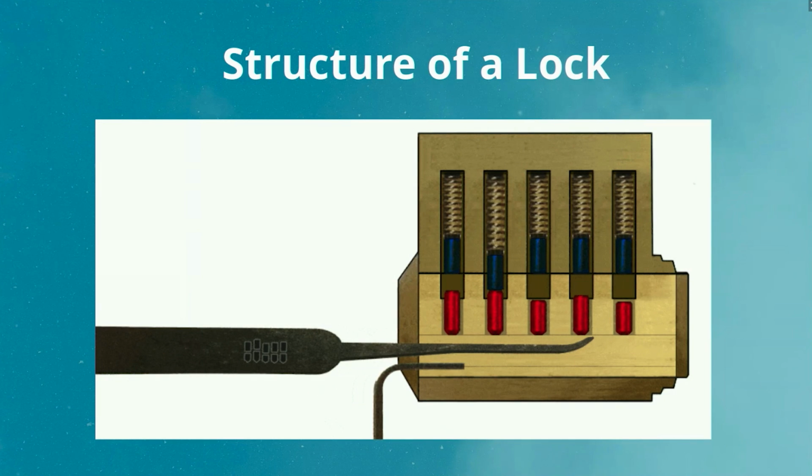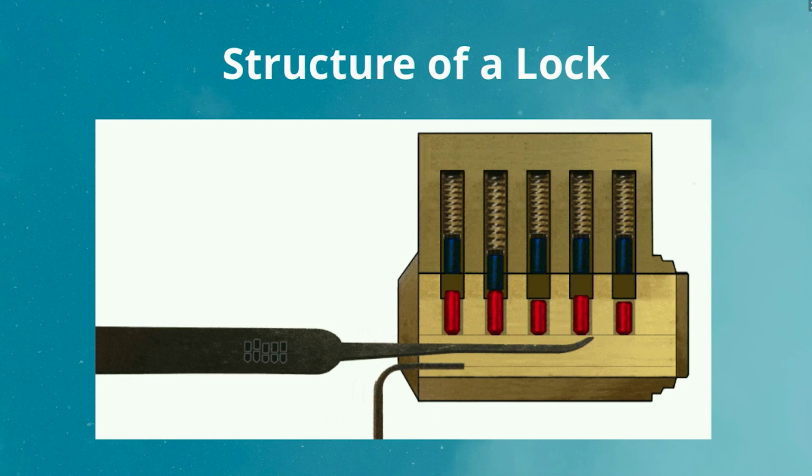And then we can look at how we pick a lock. To pick a lock, you need to replicate the function of a key without actually having the key. So you need to do two things. You need one tool which you use for turning the lock, and another tool that you use for pushing up those pins into the correct position so that they split at the line that divides the body of the lock from the outer and the inner element.